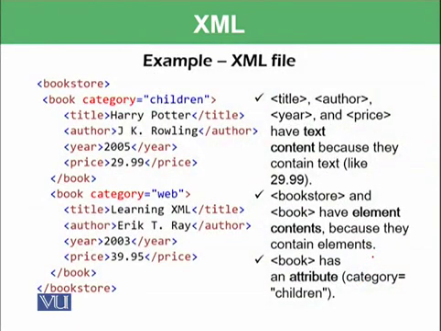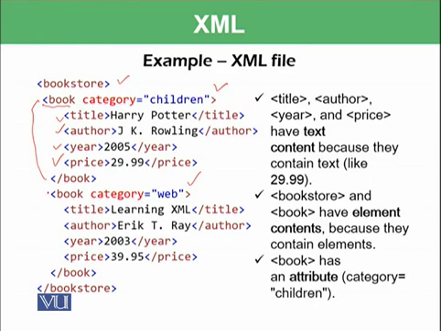So let's see the example. So we have bookstore, and that bookstore has a book tag with a category children, and then for example there is another category web. So in the book tag we have title, author, year and price, and this is the ending of one record of a book.